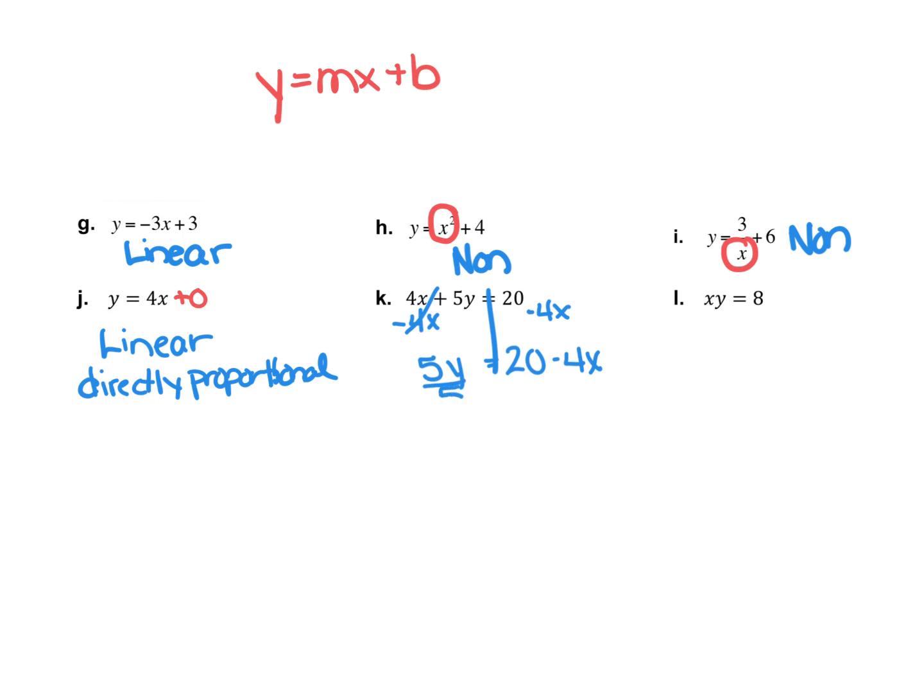And then we're going to divide by 5 on both sides, so now y is all by itself. And we'll have 20 divided by 5 is 4, and then you can't divide 4 by 5 evenly, so you're going to just have the fraction negative 4 all over 5 for the slope x. And notice that this is in the y is equal to mx plus b form, and so this is linear.